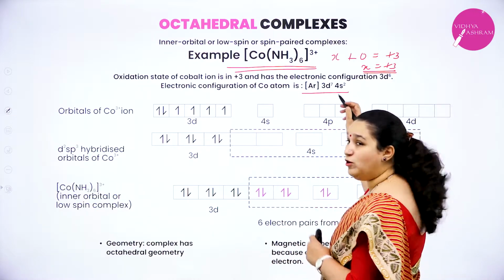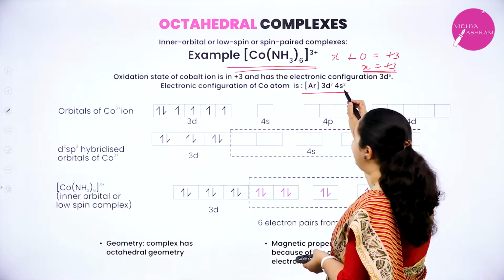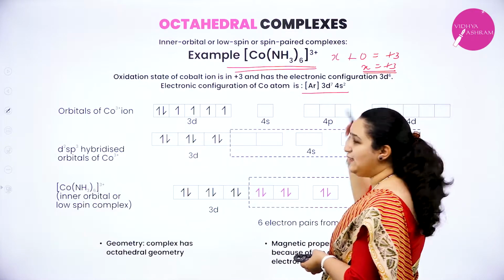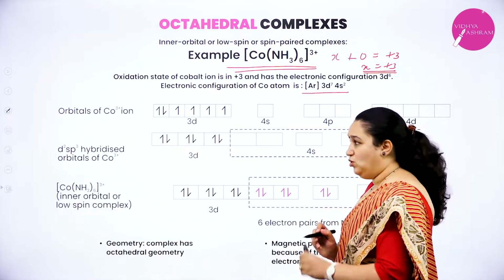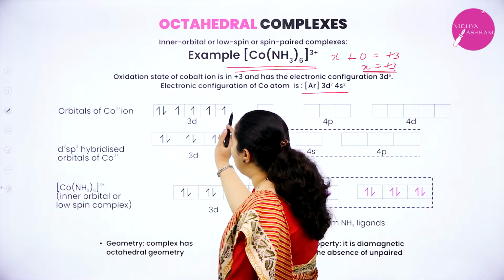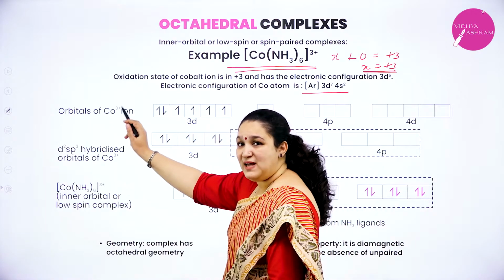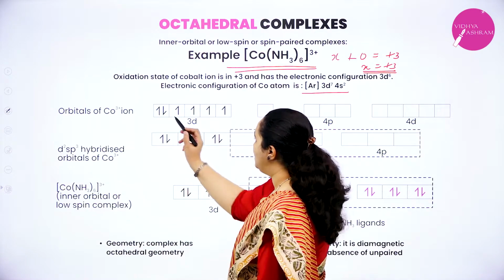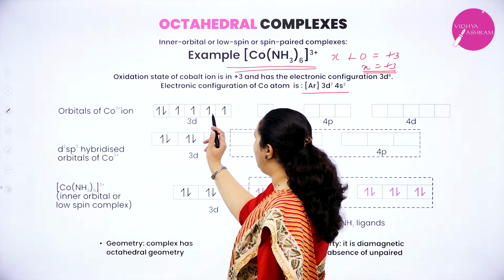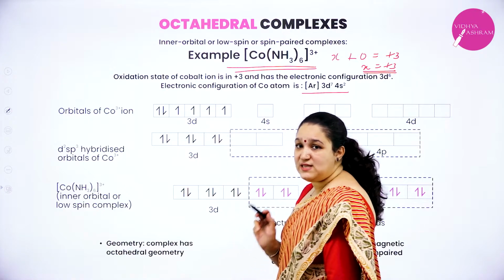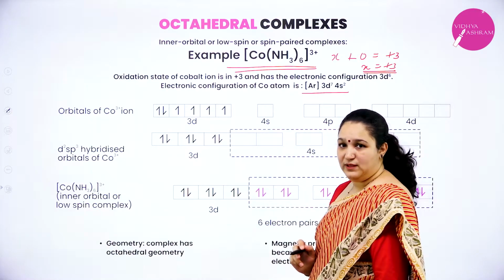So, we have to remove 3 electrons, 2 electrons from the s orbital and 1 electron from the d orbital. So, we have 6 electrons left in the d orbital of the cobalt plus 3 ion, which I have represented here: 1, 2, 3, 4, 5, 6. 6 electrons in the d orbital.